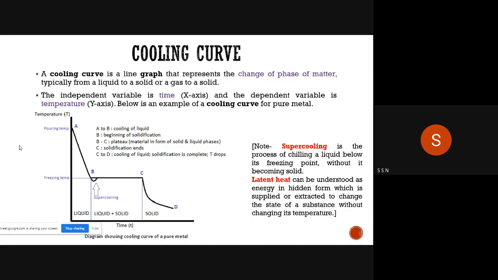So sometimes for pure metal, this super cooling occurs, but we are not considering here after this super cooling. Only we are considering from pouring temperature to freezing point we are coming. Then at a constant temperature after freezing point, there will be starting of change of phase. That means the liquid metal is starting to convert into solid phase.